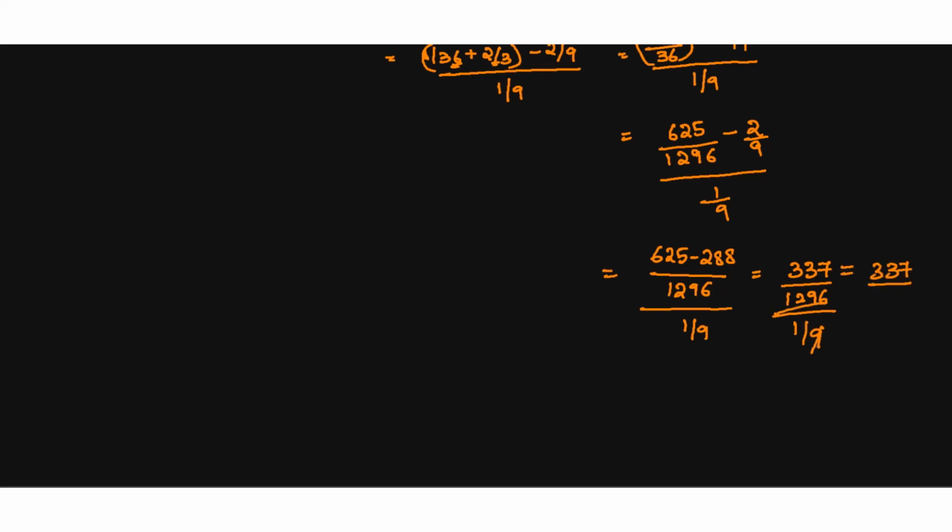And 9 144s are 1296, so 625 minus 288 by 1 by 9, which gives me 337 by 1296 by 1 by 9. When I cancel 9 and 1296, I get 337 by 144, which is the answer.